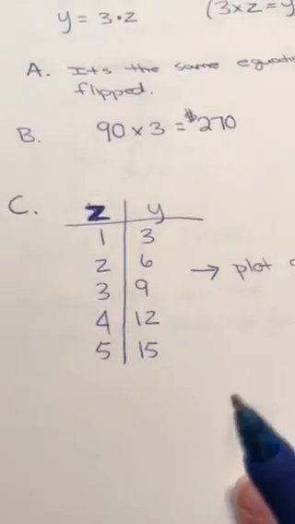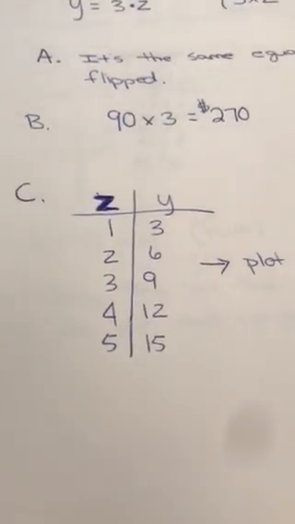You've got an axis that goes down, you've got one that goes across. We are going to use the same variables that we've been using in our equation. So Z is going to represent good old Raymond, his starting amount, and Y is going to represent what he gets after. So what I've done for C is I've created an input-output table for us.